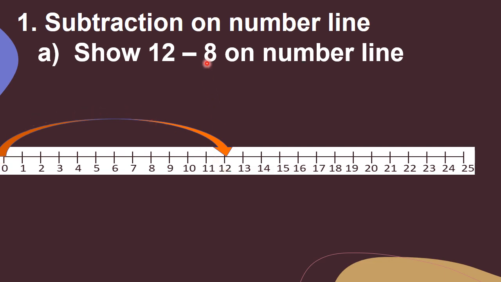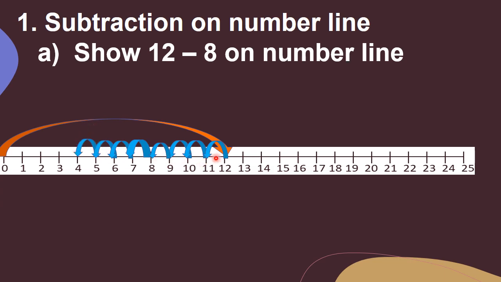Now we have to subtract 8 from 12. Now we have to do backward counting. So we will start from 12 and move backward. 12 to 11, first step, then 11 to 10, 2, then 10 to 9, 3, 9 to 8, 4, 8 to 7, 5, 7 to 6, 6, 6 to 5, 7, and 5 to 4, 8.